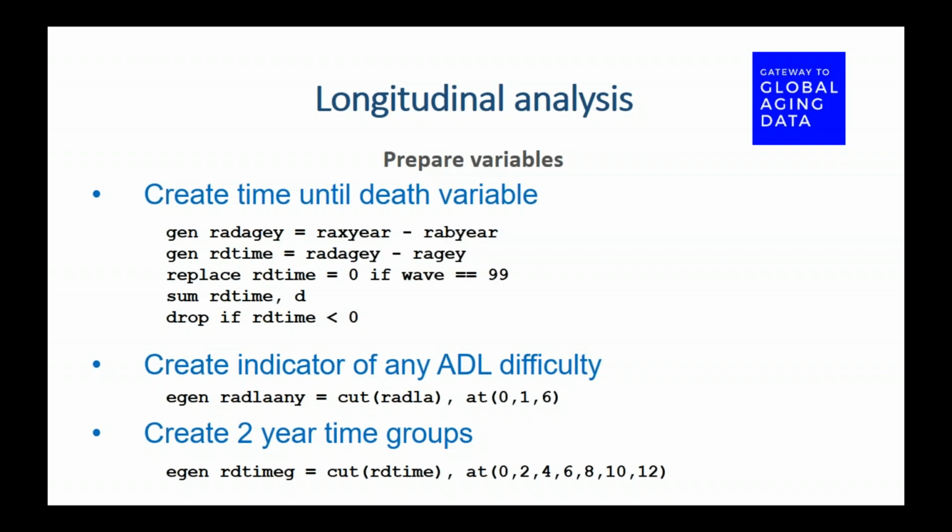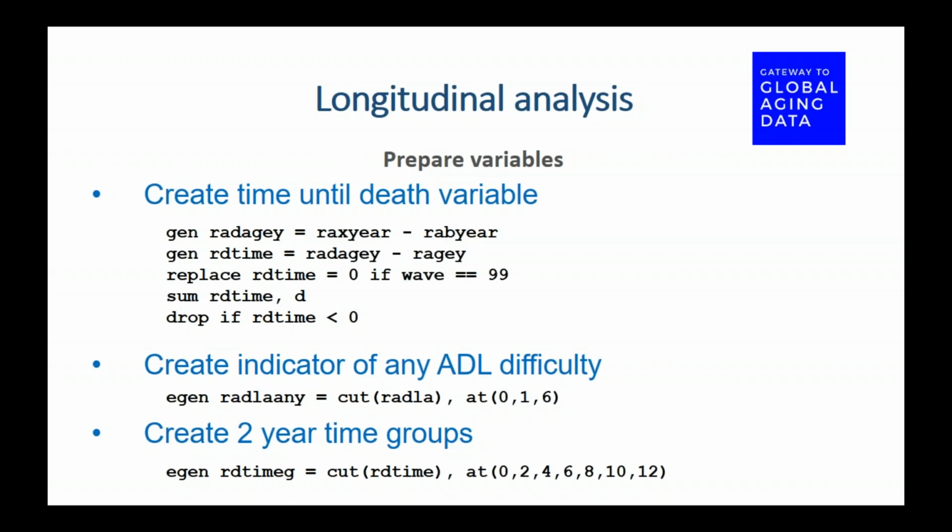And then we're going to create a variable called RD time, and that's going to be the time between their current age in that survey and their age at death. And then we'll replace that variable with a value of 0 if it's that exit interview. So that's the question that's asked about the time right before death, how many ADL difficulties did they have, that time leading up to death.